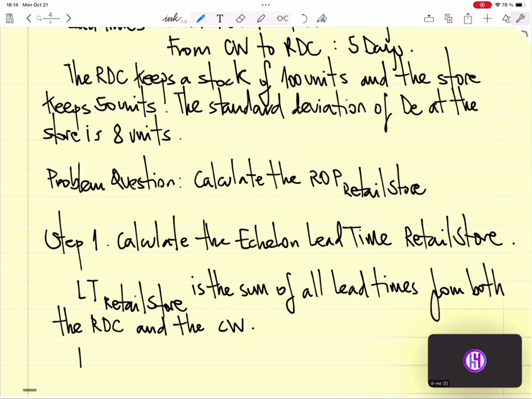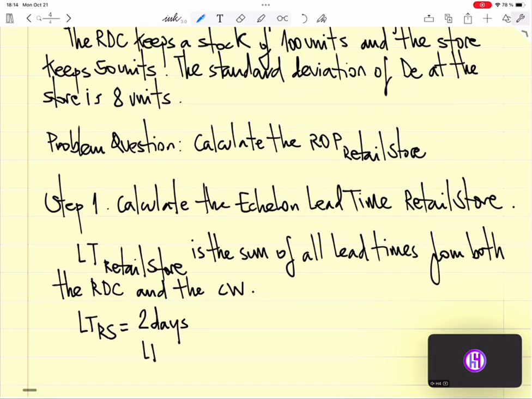So lead time retail store equals 2 days, which is the lead time RDC to store, plus 5 days, which is the lead time from warehouse to RDC.